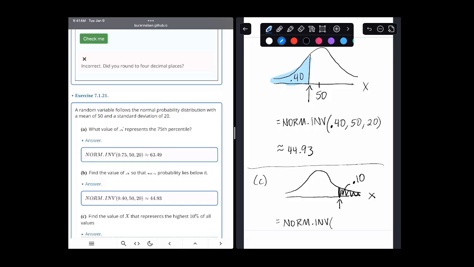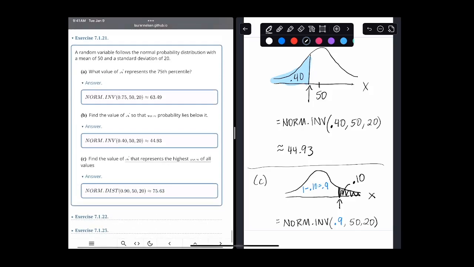So to find the area to the left, I would do 1 minus 0.10, which is 0.9. So into my formula, I would plug in 0.9 and then the mean and standard deviation. And if we do this, we should get about 75.63.